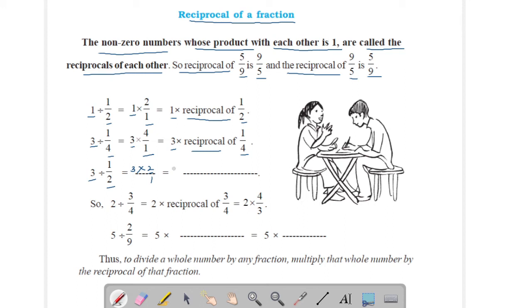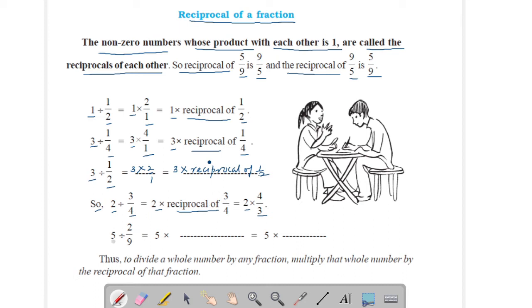So 2 divided by 3 upon 4 is equivalent to 2 into the reciprocal of 3 upon 4, that is 2 into 4 upon 3. 4 upon 3 is the reciprocal of 3 upon 4.